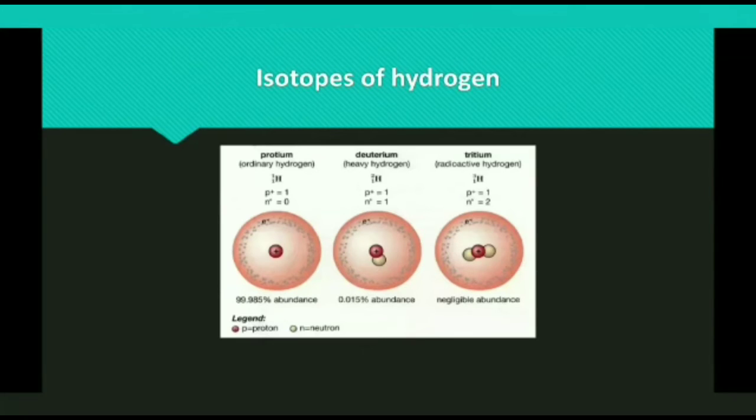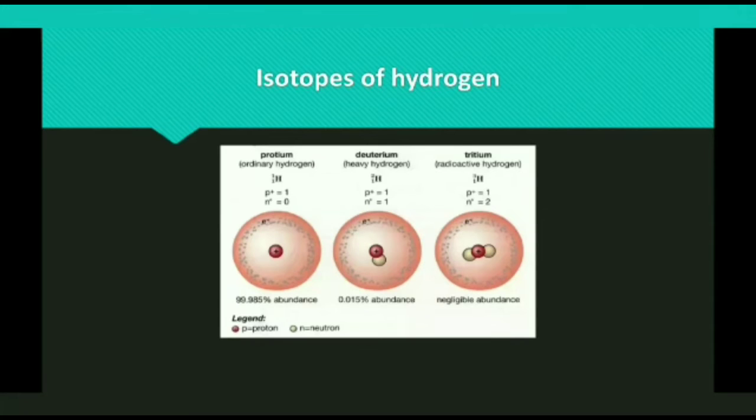So let's see all the isotopes of hydrogen. Hydrogen-1 has a subscript for the atomic number. In the second, deuterium, the atomic number is also 1, subscript 1. The third one, tritium, also has atomic number 1.